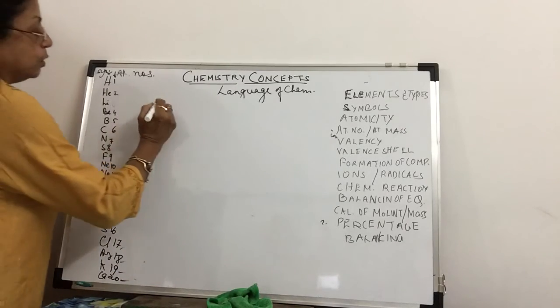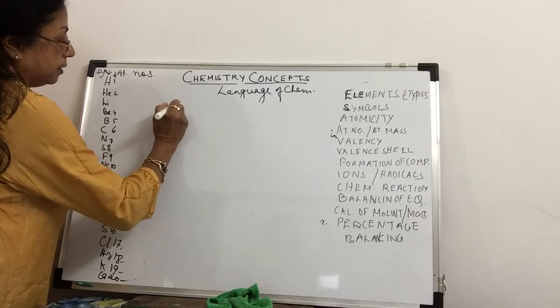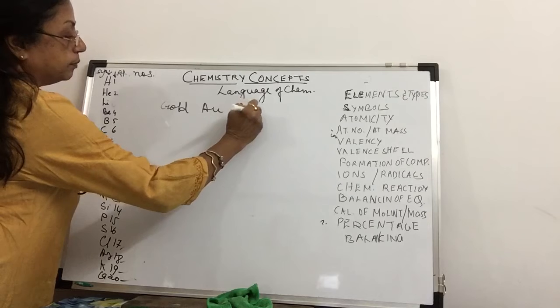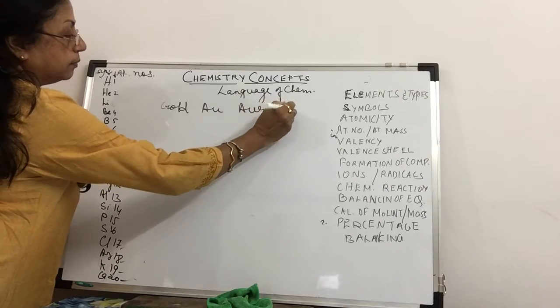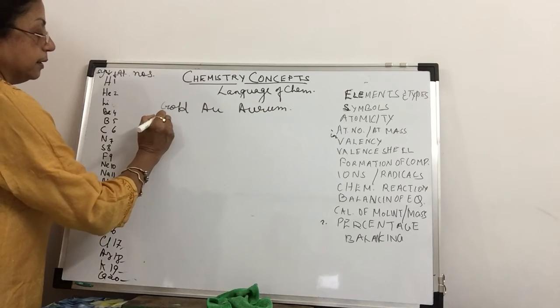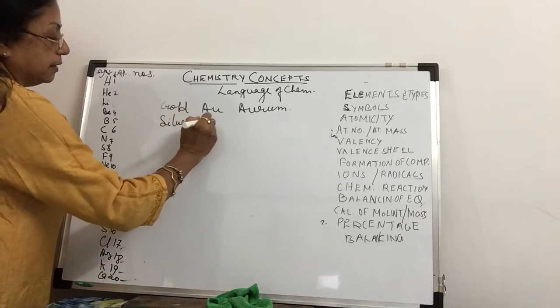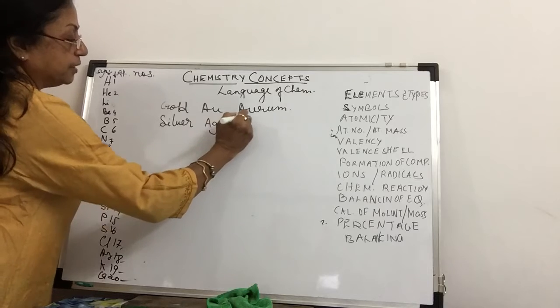First is gold, Au, aurum. Silver has been given as Ag, argentum.